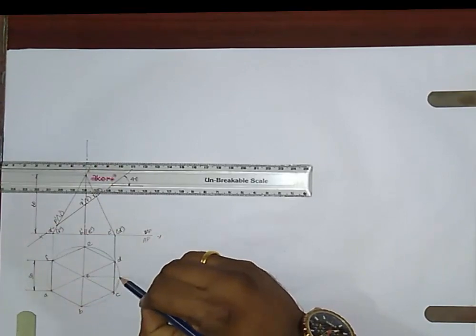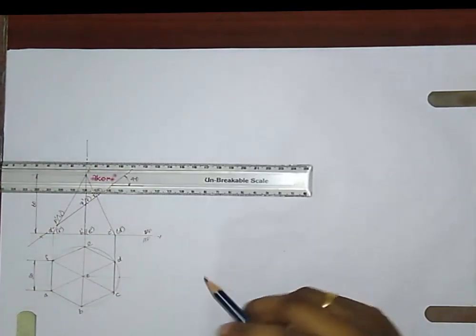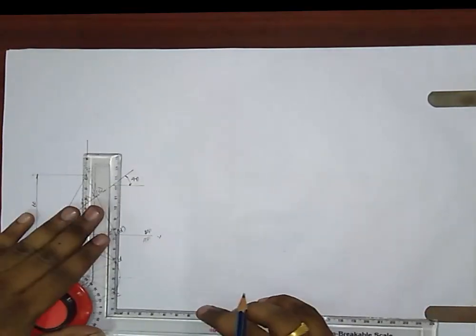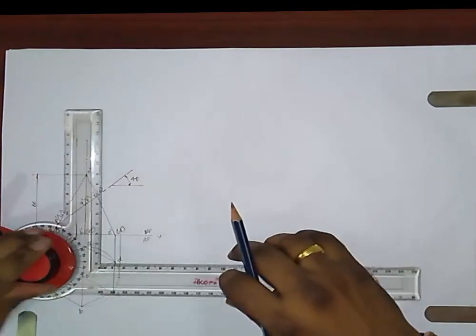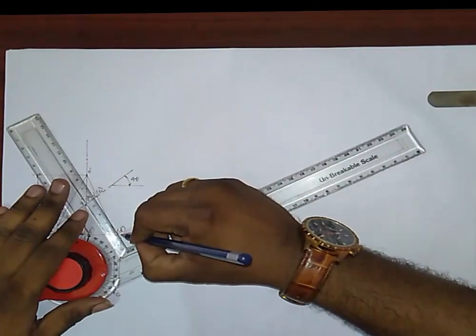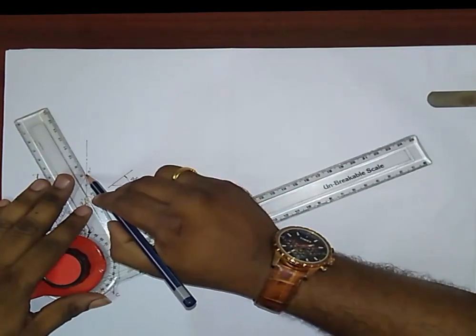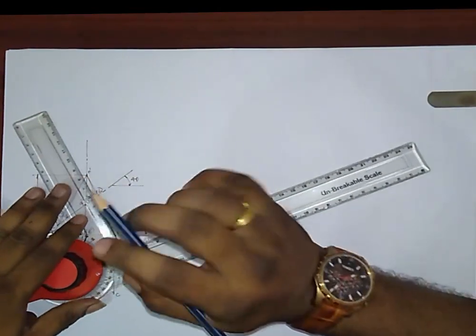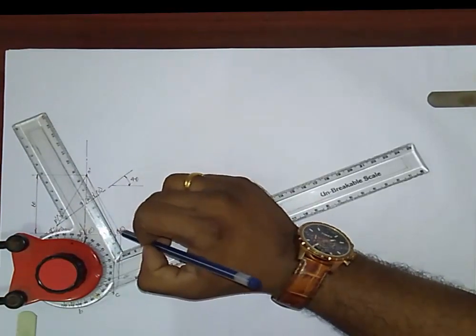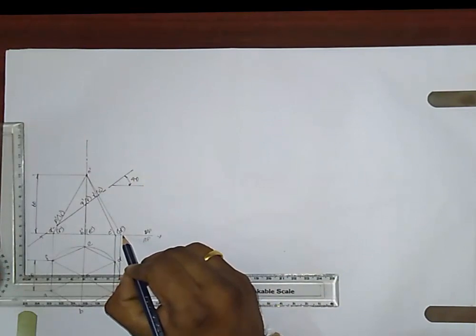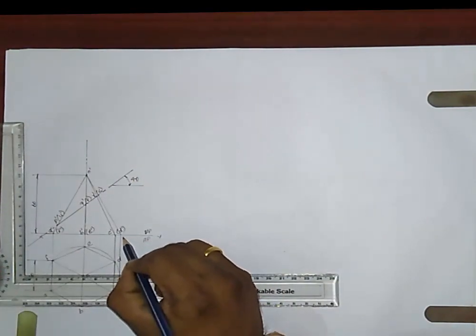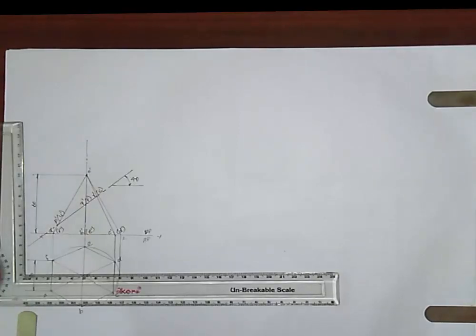The point C is already here. So this point has to be projected up to the XY line and that point and point O has to be connected in order to find the true slant length. So this is your true slant length. We can name that point K. So OK is your true slant length.